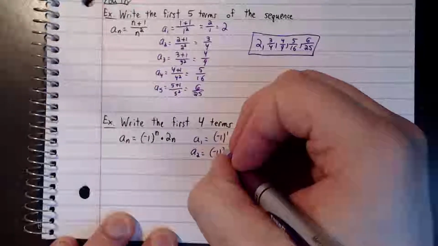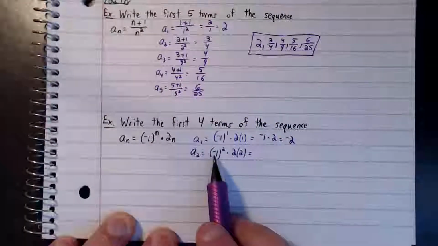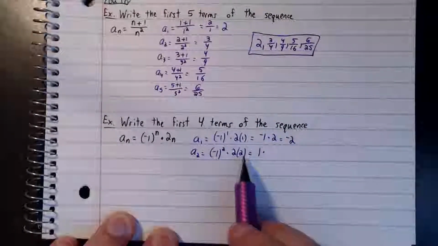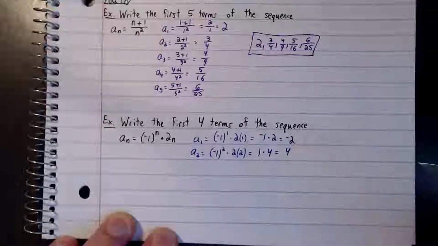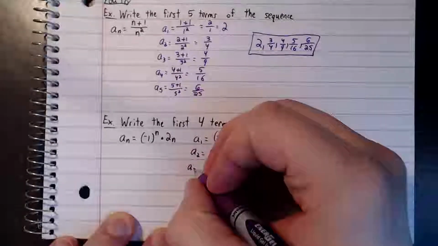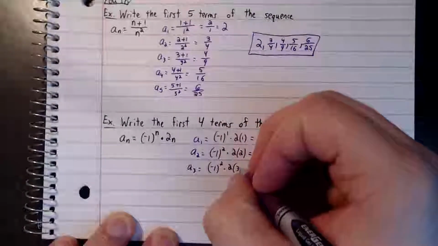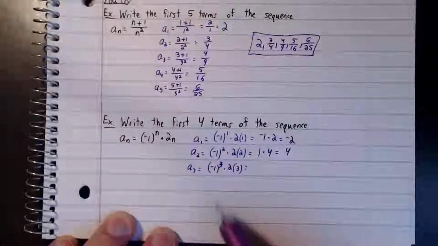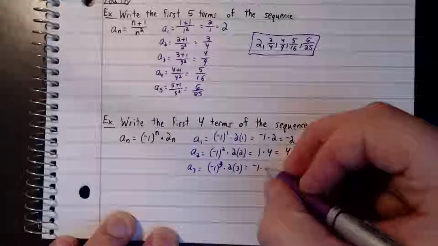And this is where this particular function gets kind of interesting. -1 to the second power becomes +1 times 4. We get +4. So we had -2, now we've got +4. Let's see what happens with our next term. -1 to the third gives us -1 times 6.